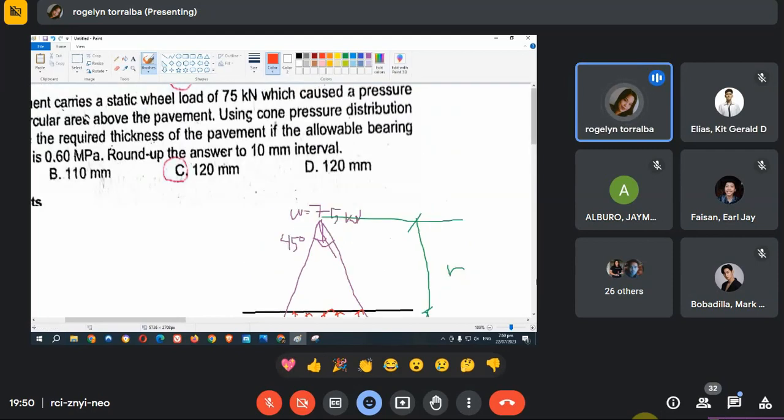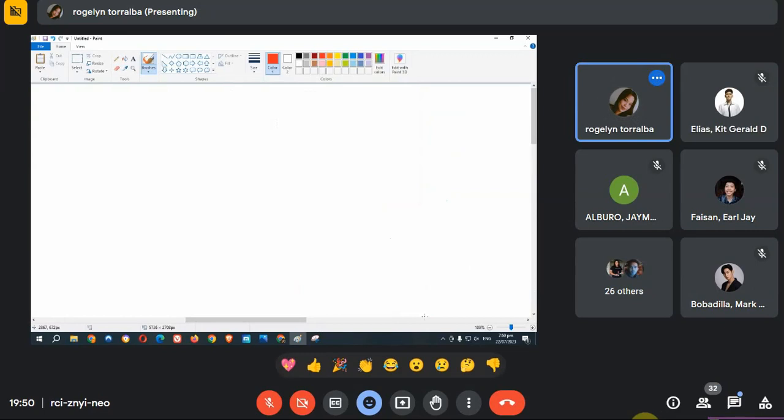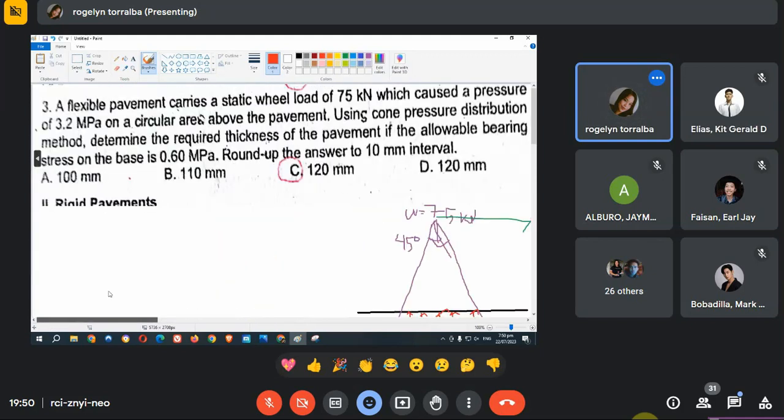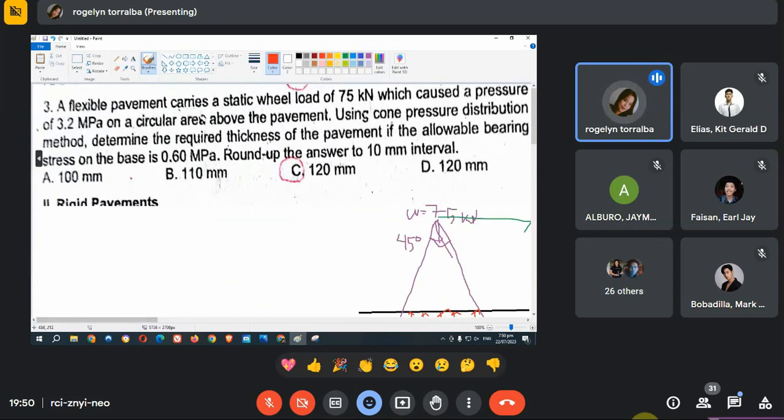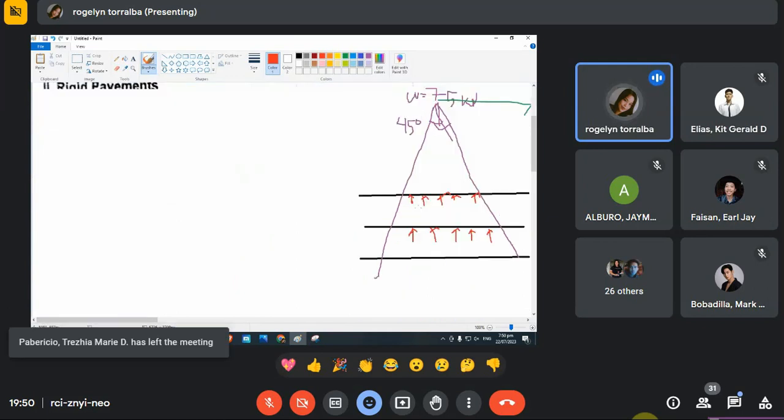Asa ang 3.2 megapascal, ani? Balik sa problem. 3.2 megapascal on a circular area above the pavement. Therefore, this portion is the 3.2 megapascal.